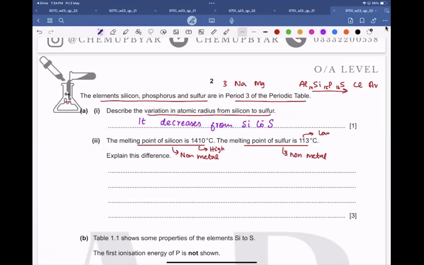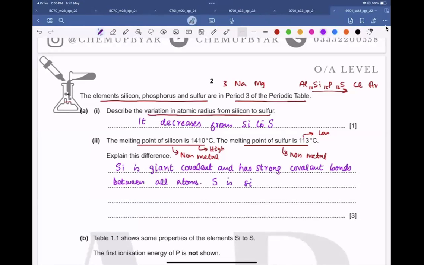Silicon is giant covalent and has strong covalent bonds between all atoms.